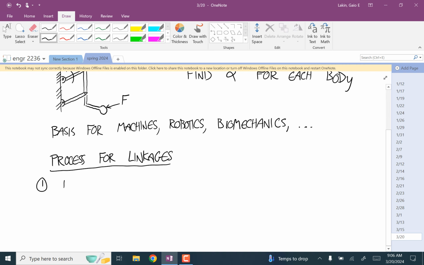First, just number all the members. The people who took statics with me, this is all going to look very familiar. There's a lot of overlap with the way we treat structures.